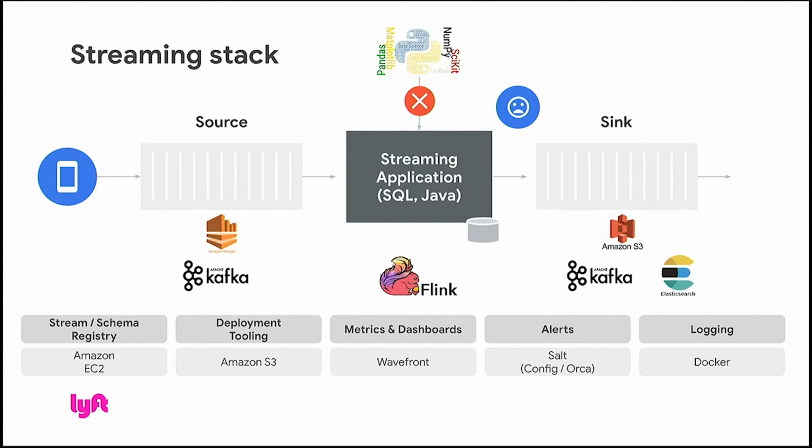So at Lyft, we are using Flink for streaming. In the overall data architecture, we have many other tools, but for streaming, Flink is the engine of choice. And we use it to do declarative jobs, for example, for machine learning feature generation using SQL, Flink's SQL support. We also have jobs that are written with Flink's Java API.